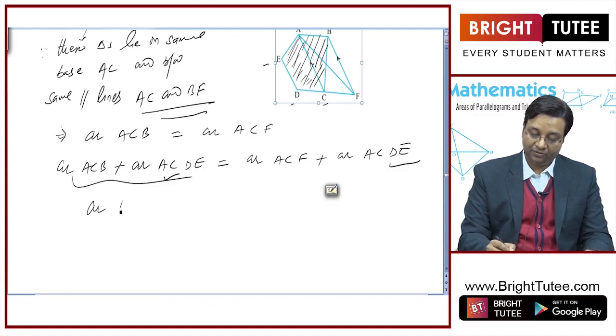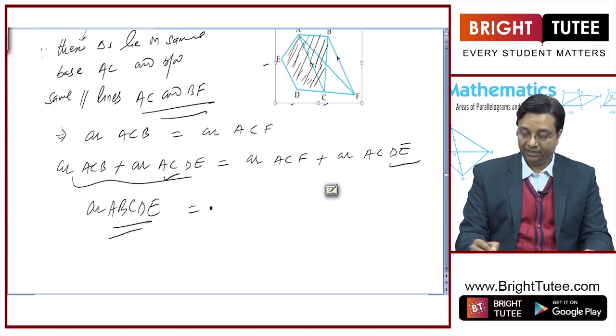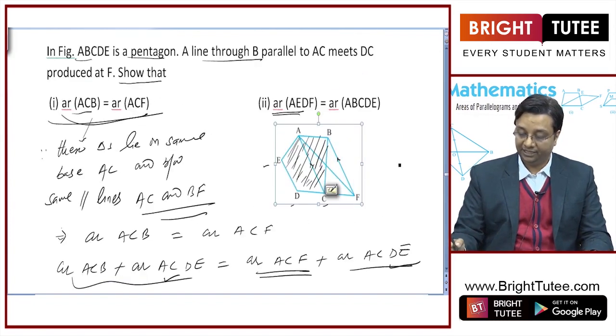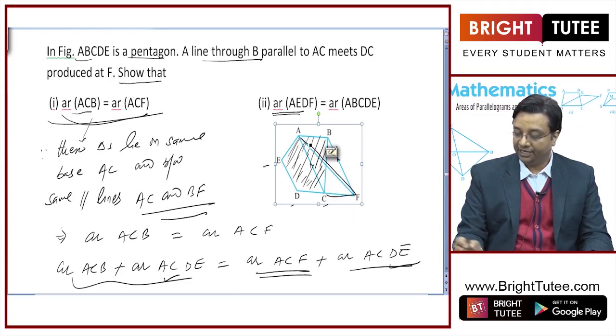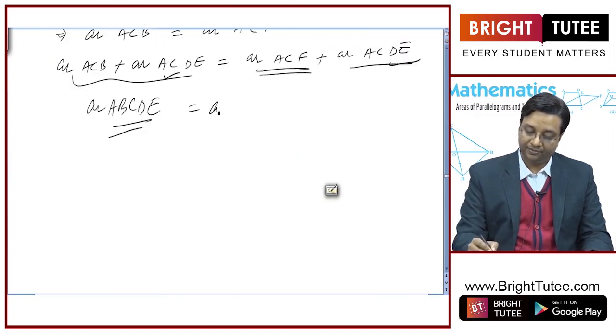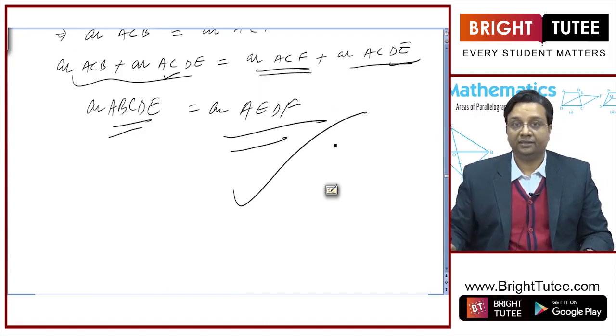So area of ABCDE is equal to ACF plus ACDE. ACF is this one, and if you add ACDE, you will get AEDF or AFDE. You will get this area. So area of ABCDE equals area of AEDF. Right, this is the proof.